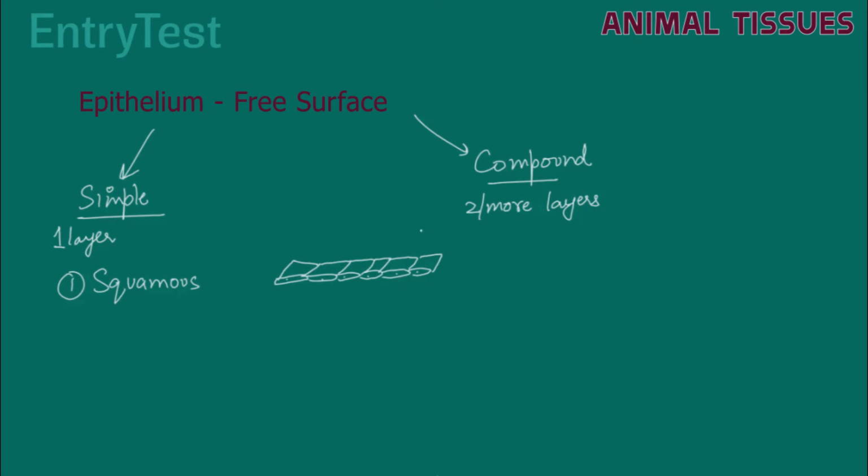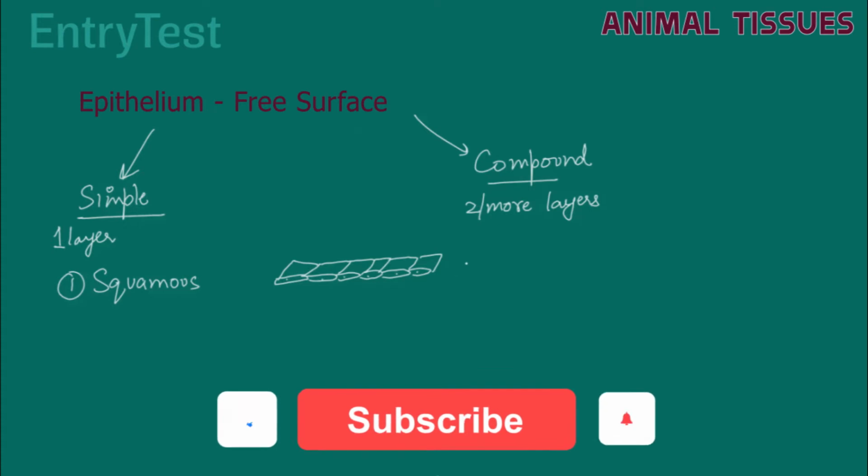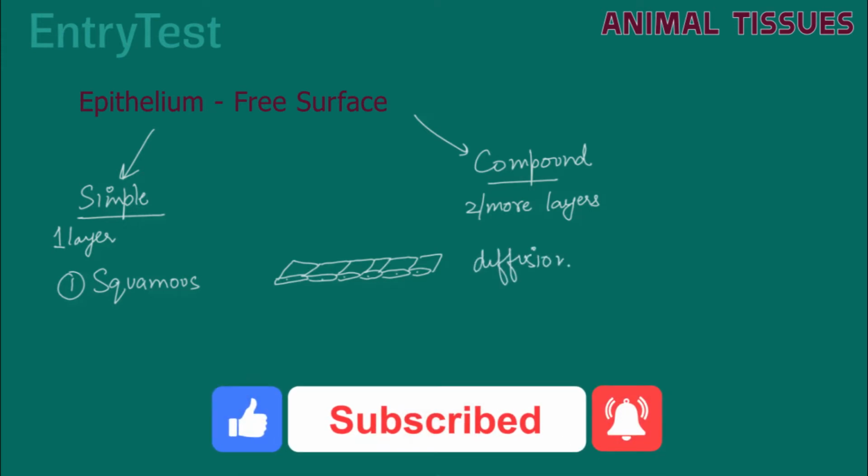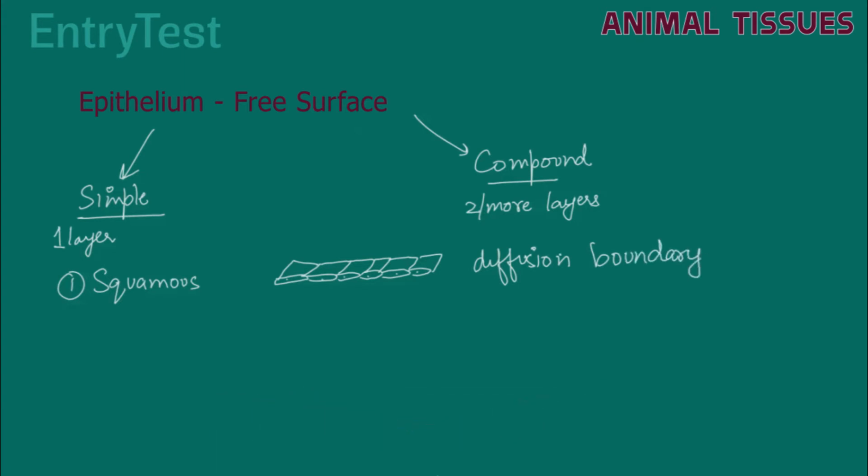The places in the human body where the squamous epithelium is found are blood vessels, the air spaces and the air sacs in the lungs. And basically they're very, very thin because they help in forming a diffusion boundary. So that point is worth mentioning over here. Whenever materials like air or nutrients have to move from one place to another, they move through these squamous epithelium cells.